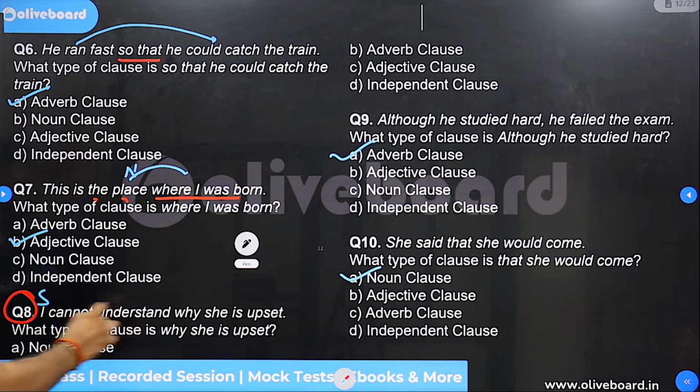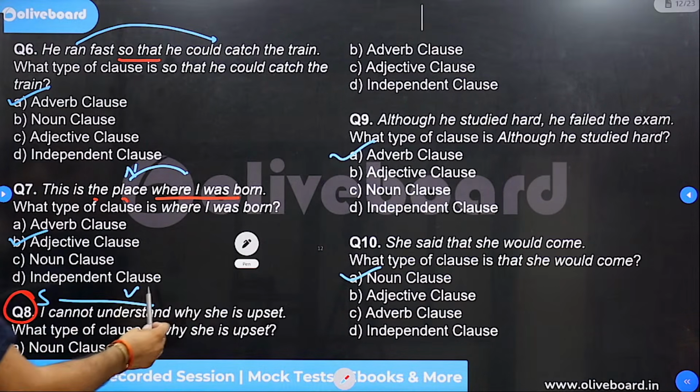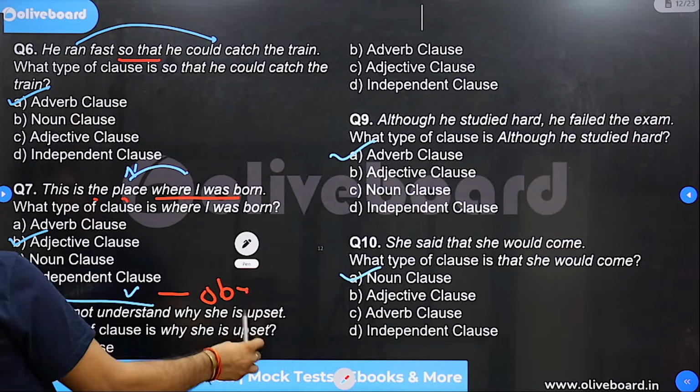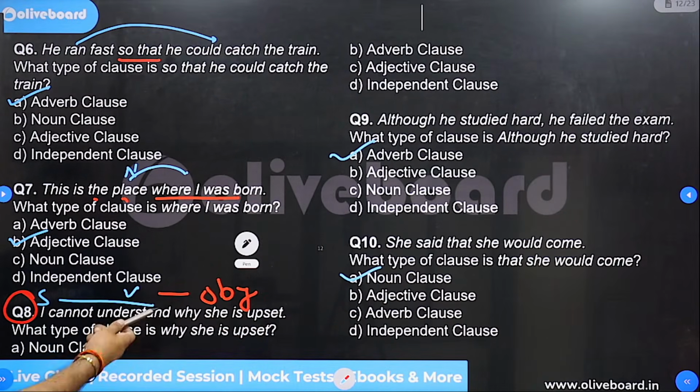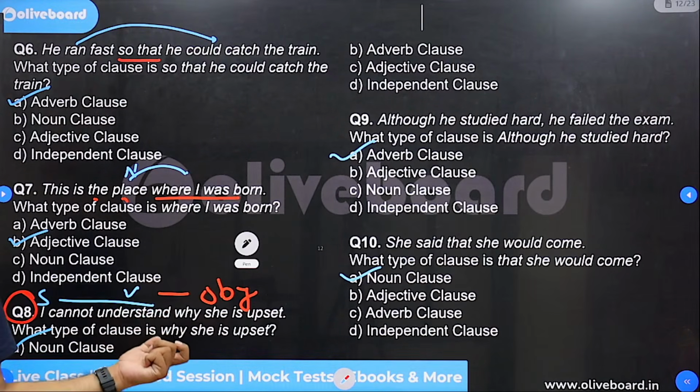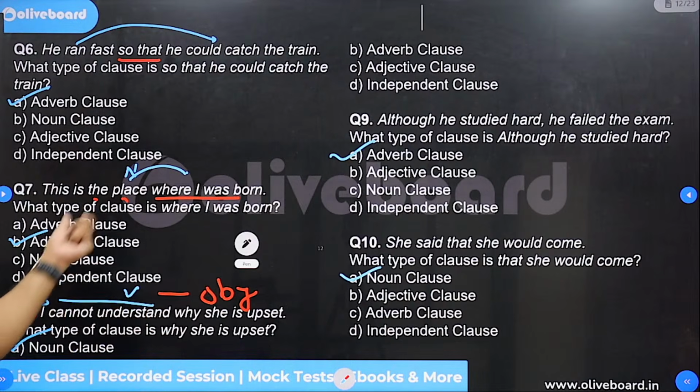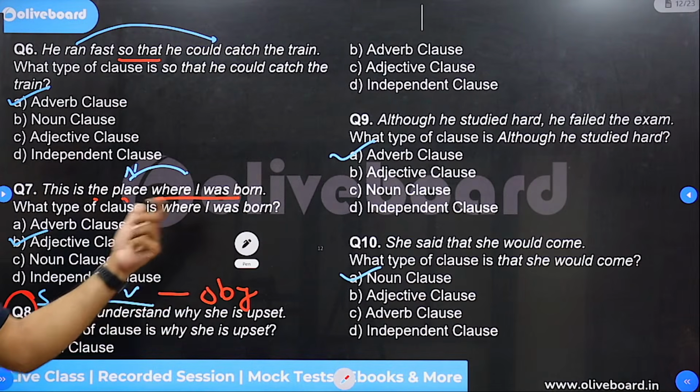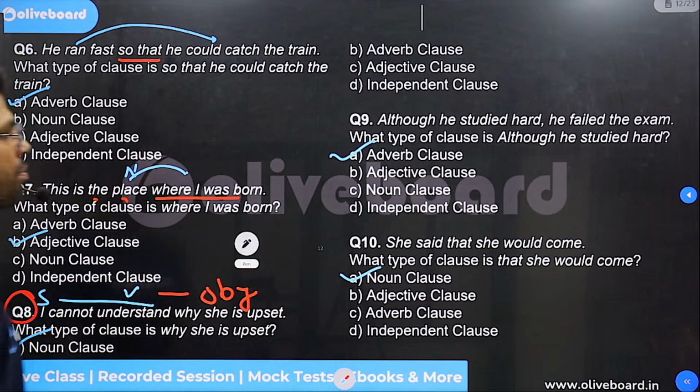I, subject, can't understand, verb. There should be the object of the verb, which is missing. Understand this. What? Why she is upset. So that has to be a noun clause. Although it starts with an adverb, why, it is behaving as the object of a verb. The object has to be a noun or a pronoun.